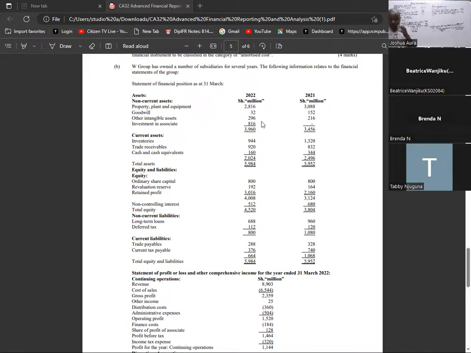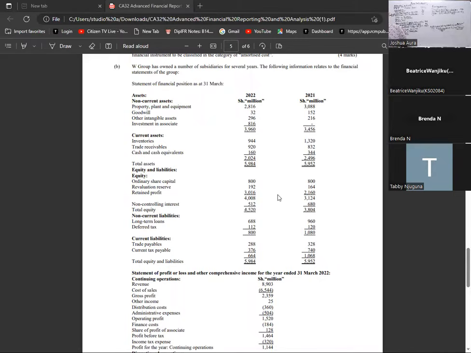Now from there, I need to ask myself very fast, what will be affecting my associate? My associate will always increase by the PAP, post-acquisition profit, by the profit it generates.